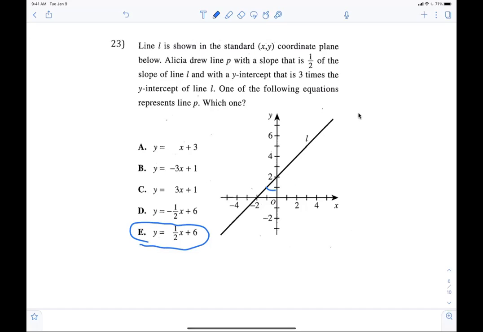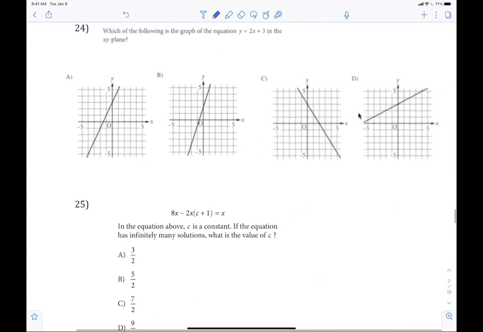So if the y-intercept is 2, the new one is 3 times that. So we know it's not A, B, or C. You with me? Now you calculate the slope, and the new slope is half. Agreed?